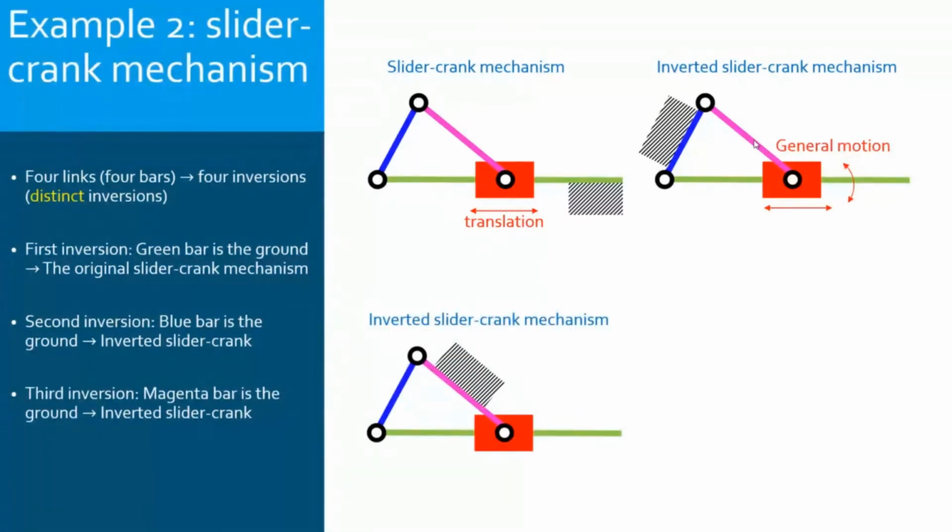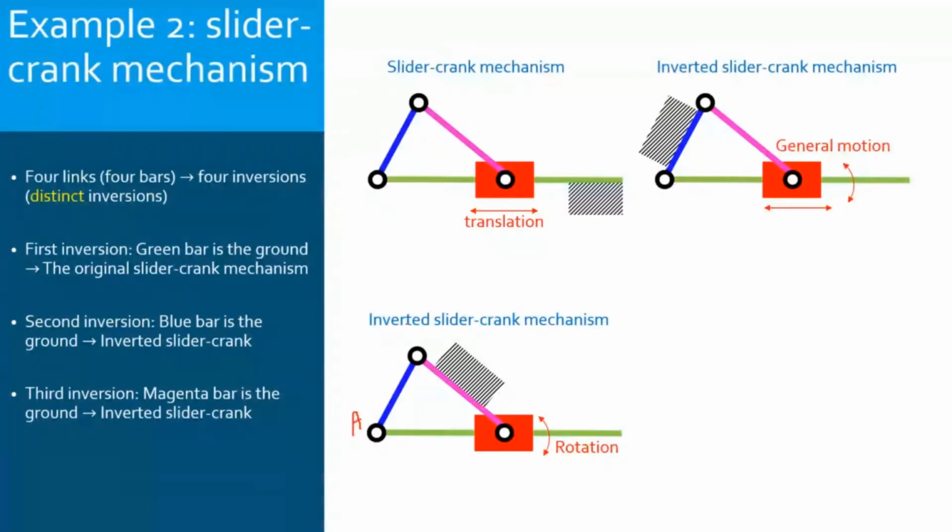The third inversion is where the magenta bar is the ground. So we block this bar. Now the blue bar can rotate with respect to the pin joint. It's maybe better that I name them.